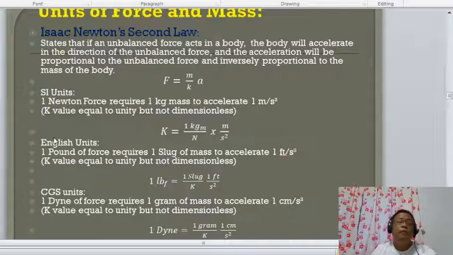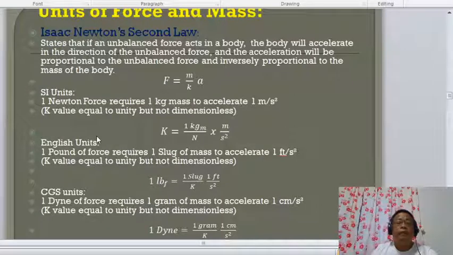The subscript F here represents a force. So in order to produce this 1 pound, it is required to move one slug of mass to an acceleration of 1 foot per second square.